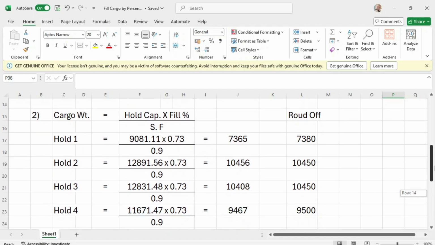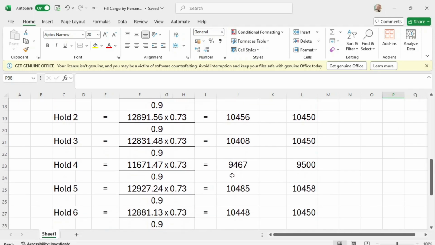So what you are going to do from hold number 1, you make a round off of the figures. So in number 1, instead of 7365 you make it 7380, and number 2, from 10456 you make it 10450, and number 3, 10408 you make it 10450, and number 4 you make it 9467 to 9500, and number 5, 10485 you make it 10458.